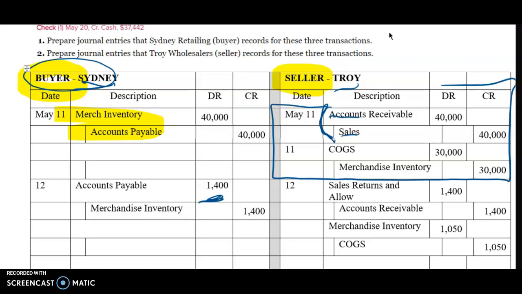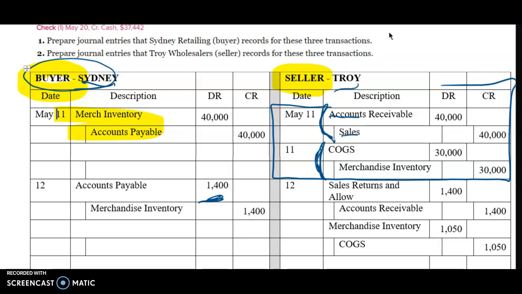So debit accounts receivable, credit sales. They also must get rid of this merchandise inventory. They don't have it anymore. The merchandise inventory is now at the buyer, or is still in transit in the hands of the common carrier, depending on the shipping method. But whatever, they no longer have the merchandise.